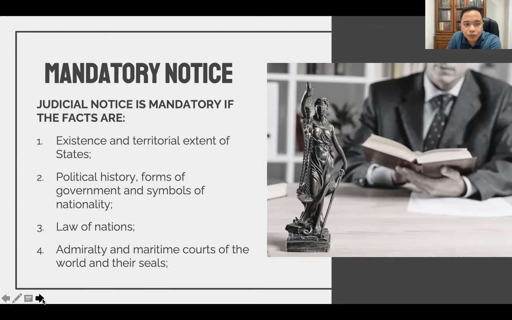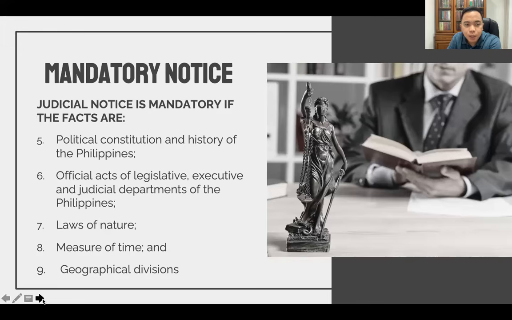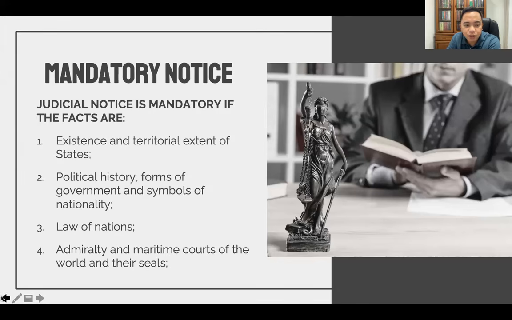Judicial notice is mandatory if the facts are: number one, existence and territorial extent of states, political history, forms of government and symbols of nationality, law of nations, admiralty and maritime courts of the world and their seals, political constitution and history of the Philippines, official acts of legislative, executive, and judicial departments of the Philippines, laws of nature, measure of time, and geographical divisions.